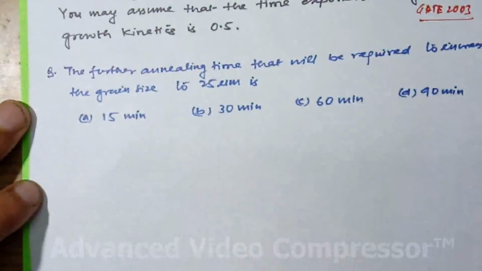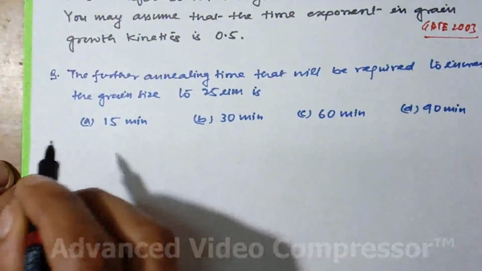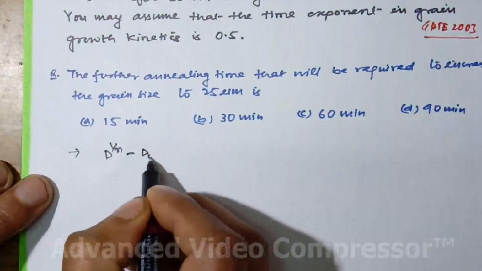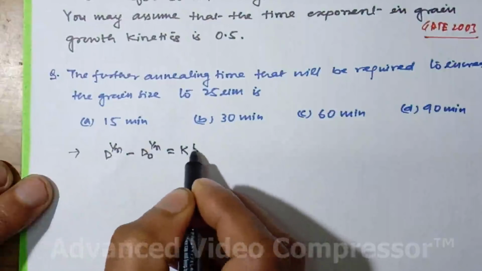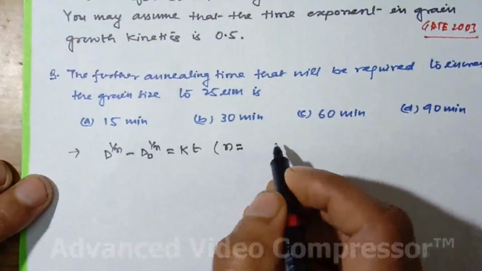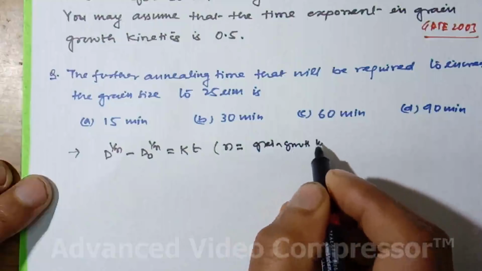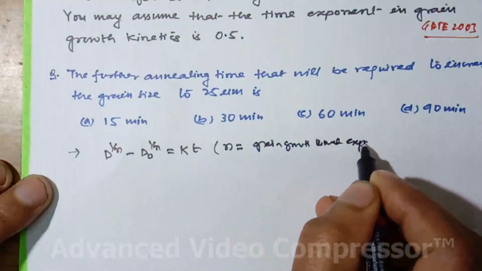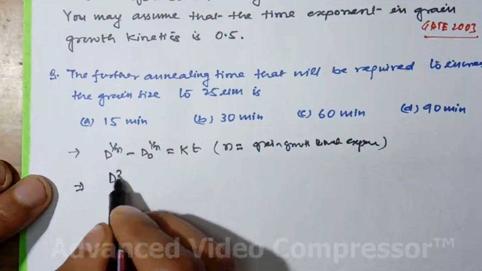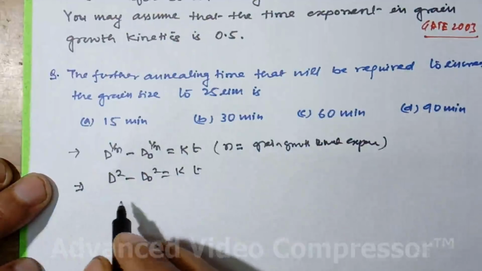So guys, here you need to remember this formula, and the formula is d^(1/n) minus d0^(1/n) is equal to kt, where n is the grain growth kinetics exponent. Okay, so here n is given as 0.5, so this equation will turn into d square minus d0 square equal to kt.